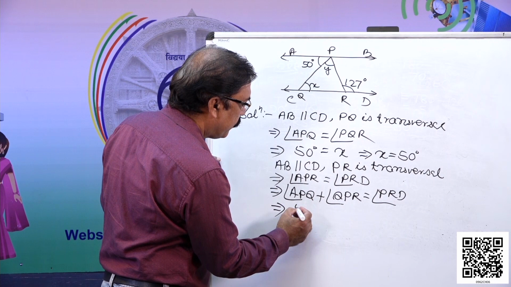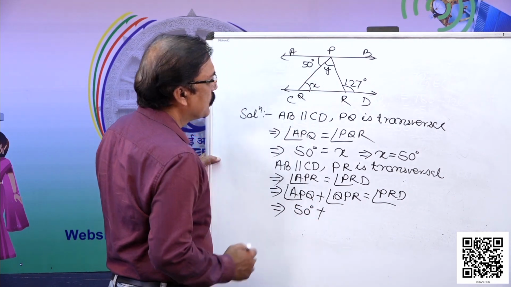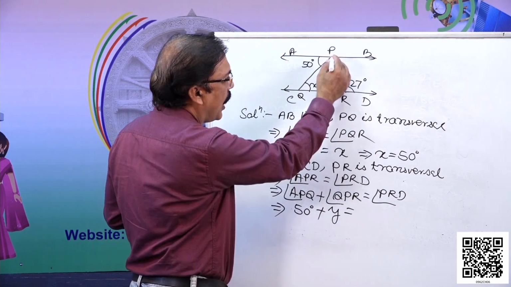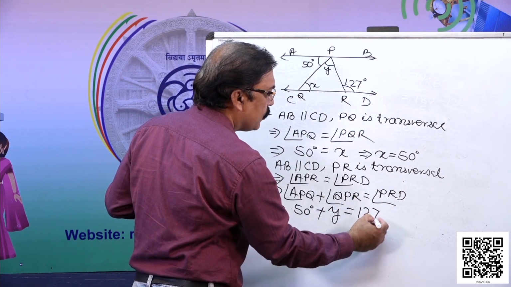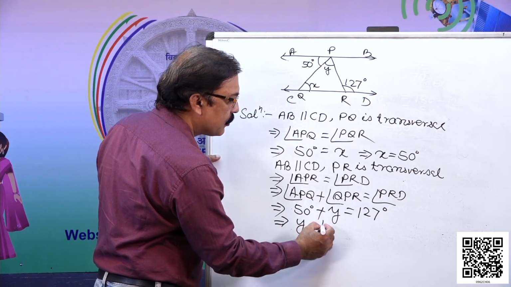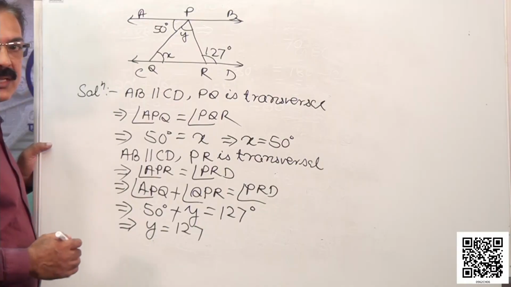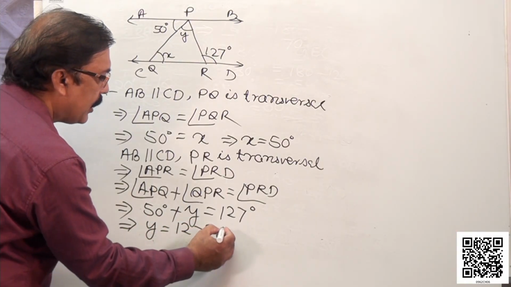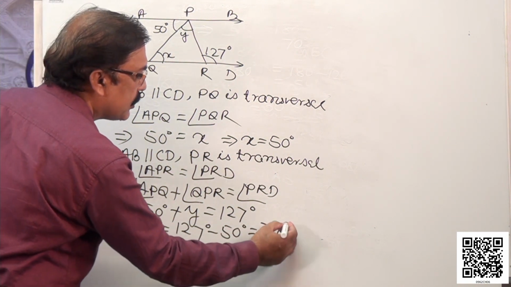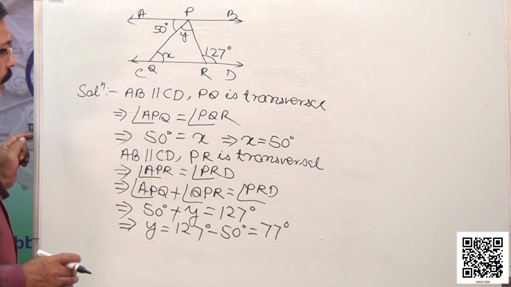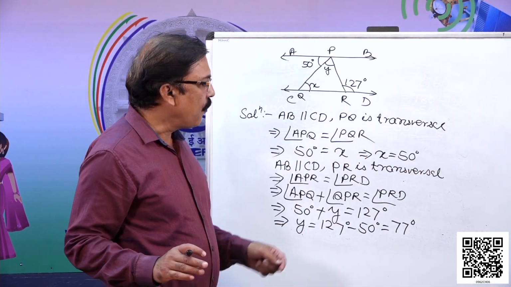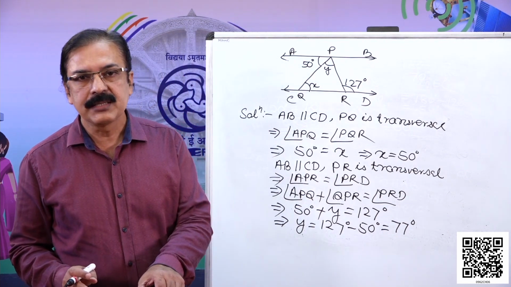APQ is 50 degrees plus QPR is y degrees and PRD is 127 degrees. From this we get y is equal to 127 degrees minus 50 degrees, that is 77 degrees. So we got x equal to 50 degrees and y is equal to 77 degrees.